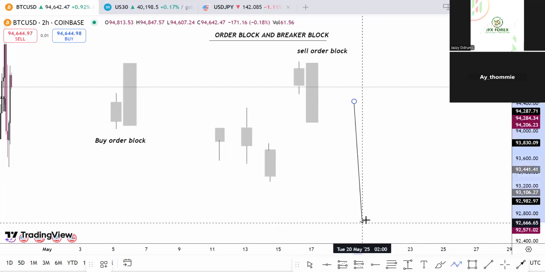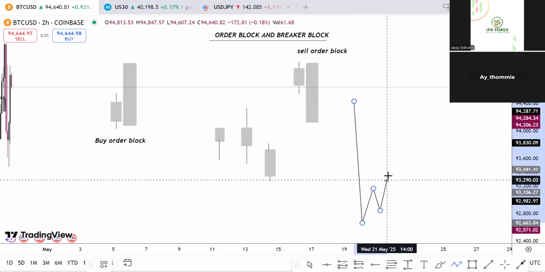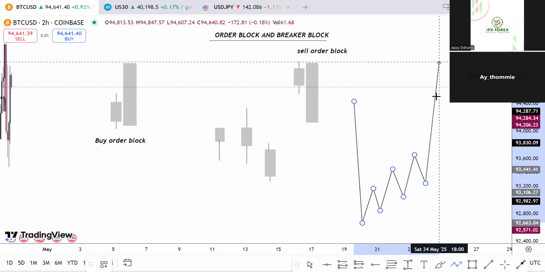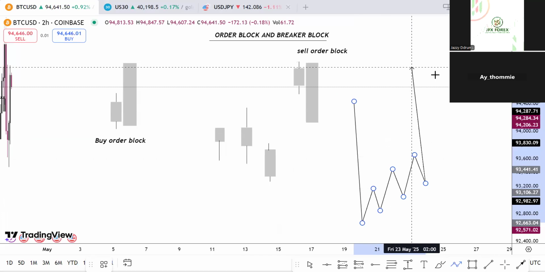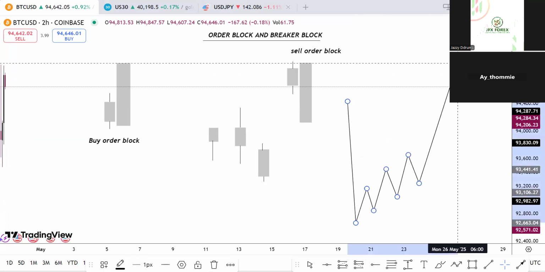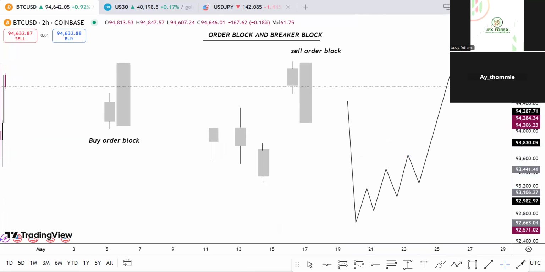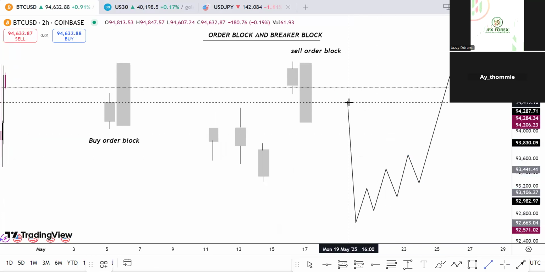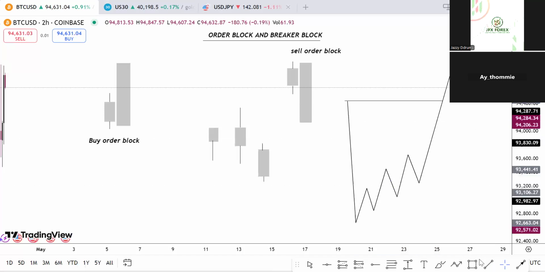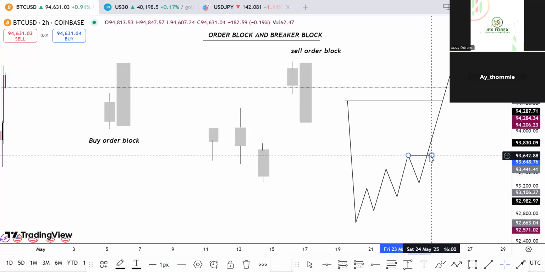If your entry model is sitting like this, and you have this as expected.